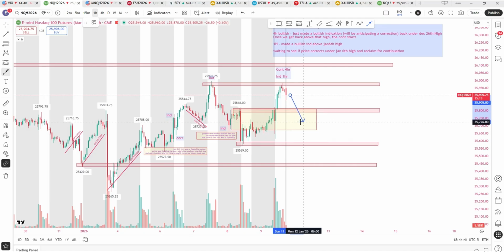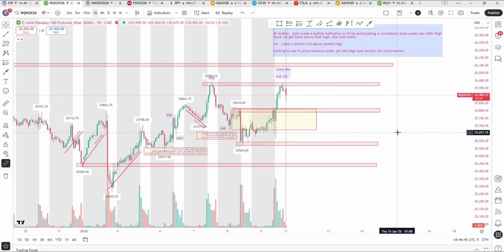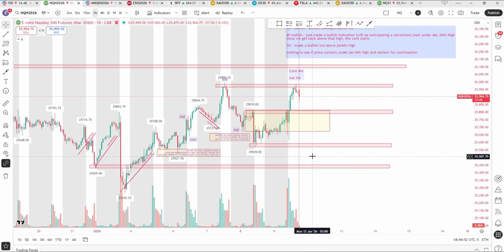However, we still look to be bullish unless market flips. Of course, market is going to do what it wants to do, but I'm gonna be bullish until I see that price is invalidating my bullish zone. So that's it for NQ and ES.